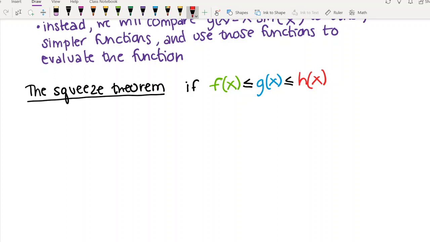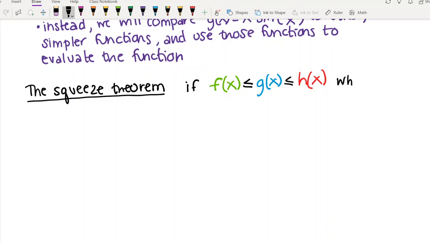So you can think of the bottom function f of x as the lower bound and h of x as the upper bound. So the function g of x is in between f of x and h of x. It doesn't need to be true that g of x is always between f and h, but it does need to be true when you're close to the place where you're taking the limit.